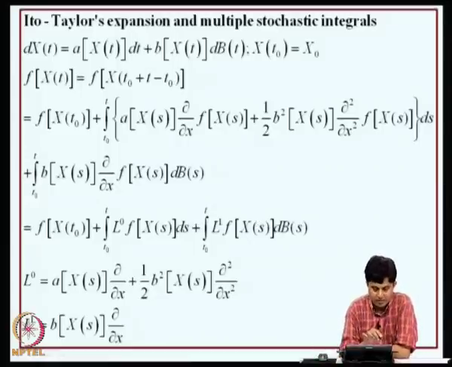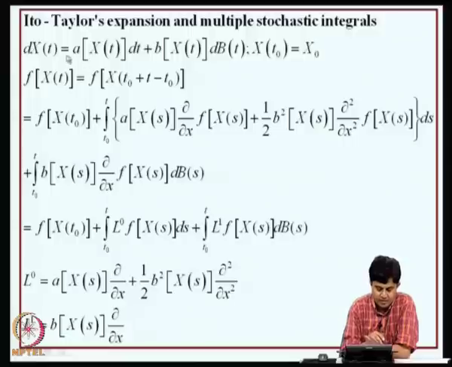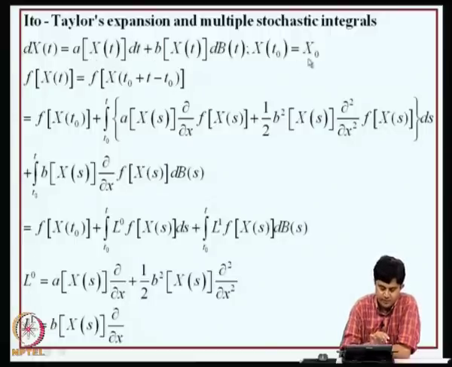So, this we will again rewrite this SDE, that is dx of t is a x of t dt plus b dBt and initial condition at t naught, and consider f of x of t is f of x of t naught plus t minus t naught, and now I will write the expansion for this bearing in mind the Ito's formula.